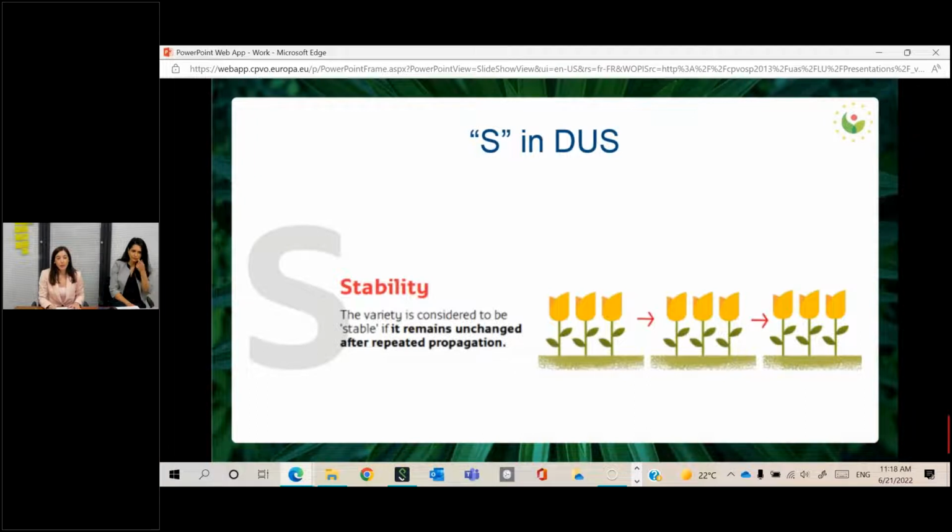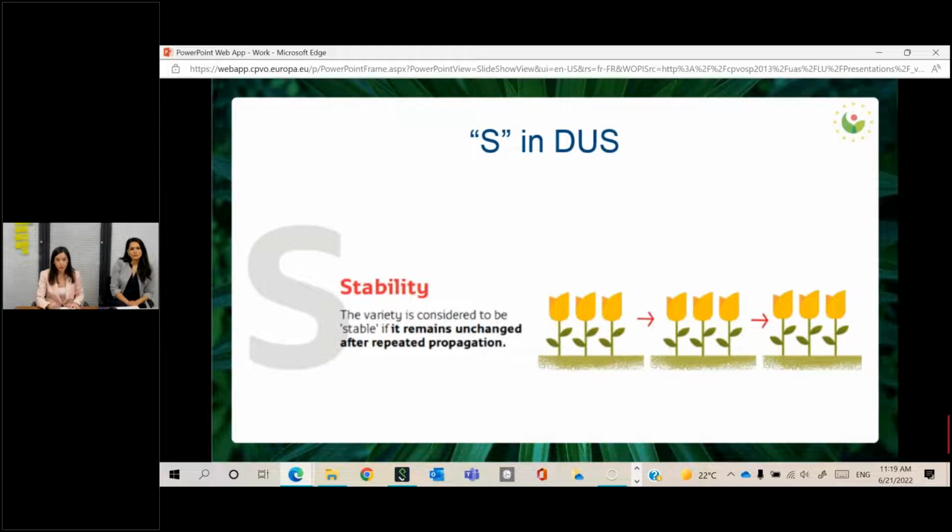And then we arrive at the S in the DUS, which is the stability. A variety is deemed stable if the phenotype remains unchanged after successive propagations or multiplications. This means that after a few generations, the variety should still keep its characteristics. For instance, think of a pink rose.